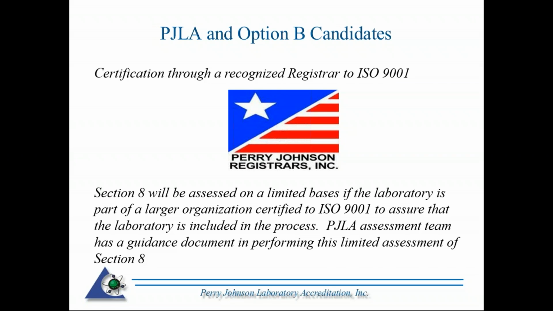Then there would be no need, during the 17025 part of the assessment or accreditation process, to go back and revisit those areas that would have been captured in the 9001 certification audit.